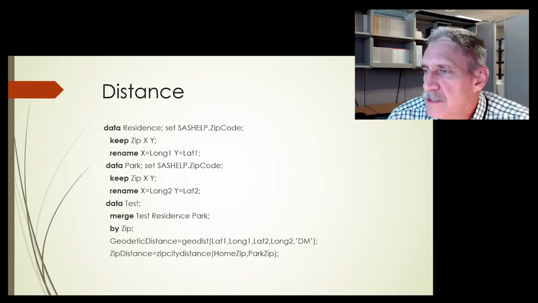The easy way is to use the sashelp.zipcode table that comes with SAS installations. It's automatically there. Everyone has it. With that table, every zip code has one record, and it says which county, city, state that they're in, and gives information on the latitude and longitude of the center of the zip code, along with other pieces of information.